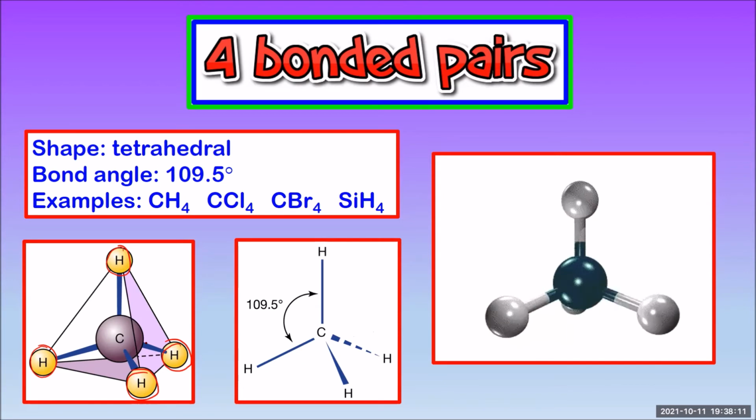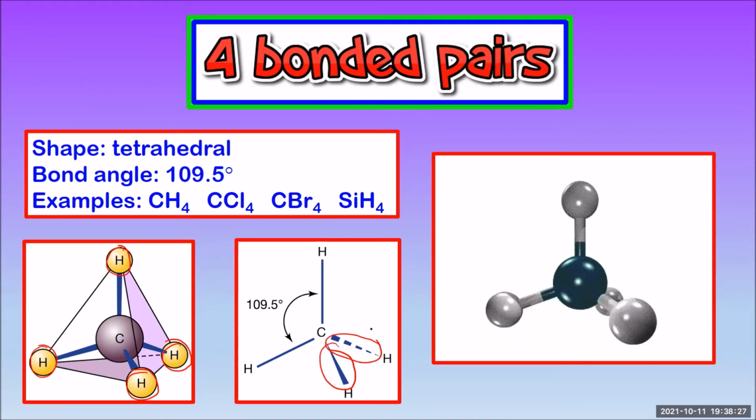The shaded triangle indicates that the bond is coming forward out of the screen, and the dotted line triangle indicates that the bond is going back behind the screen. The other 2 bonds are in the same flat plane as the screen. Examples of tetrahedral molecules are methane, carbon tetrachloride, carbon tetrabromide, and silane.